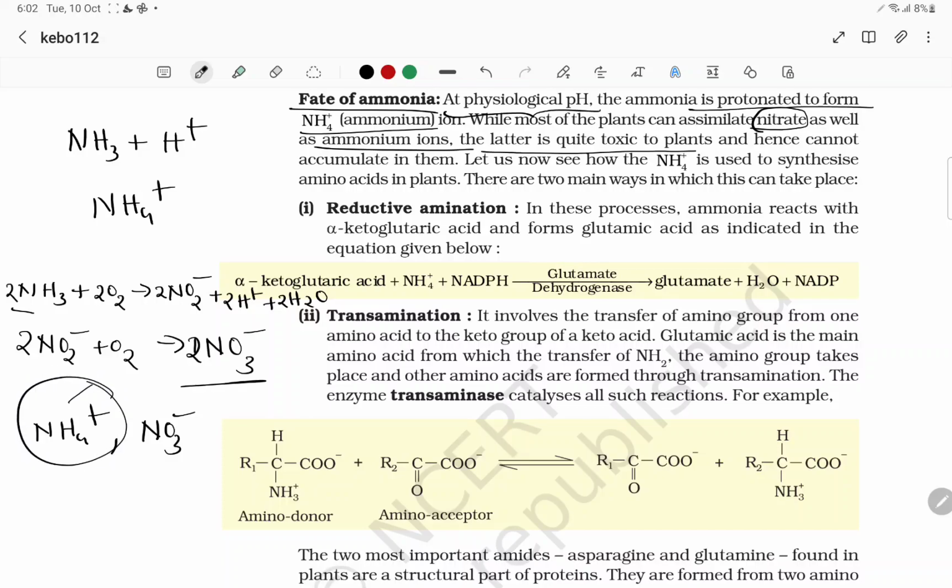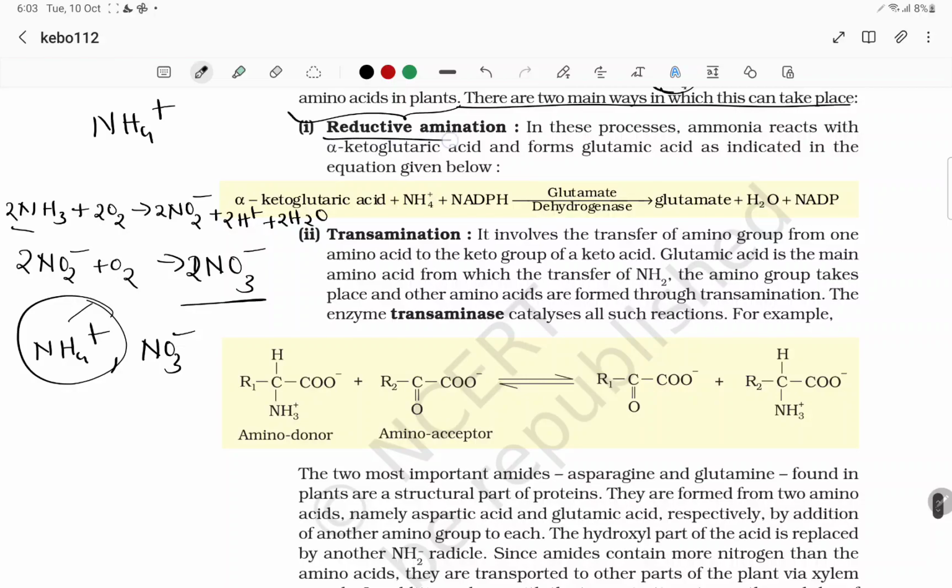hence we cannot accumulate them. So let us now see how these ammonium ions are used to synthesize the amino acids in plants, because mainly ammonium ions are used for synthesizing amino acids. There are two main ways for this. One is reductive amination. In this process ammonia will react with alpha ketoglutaric acid.